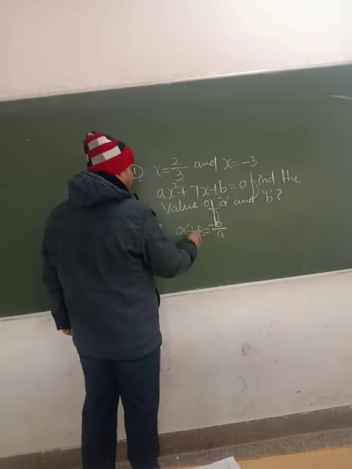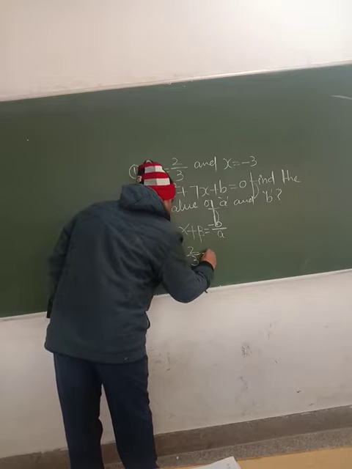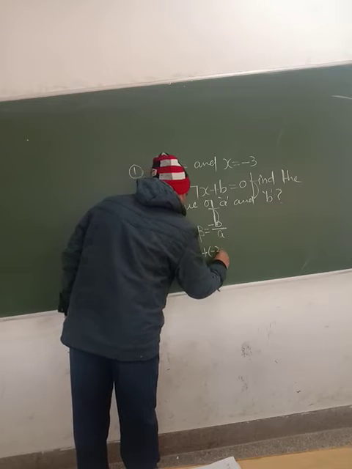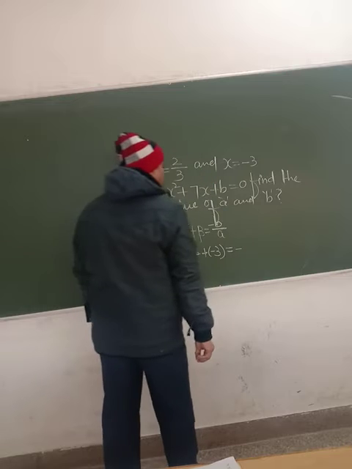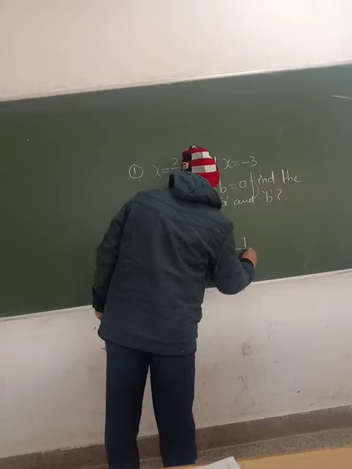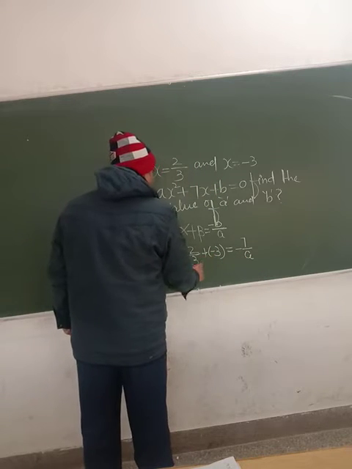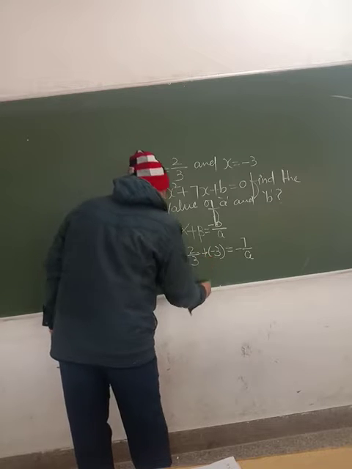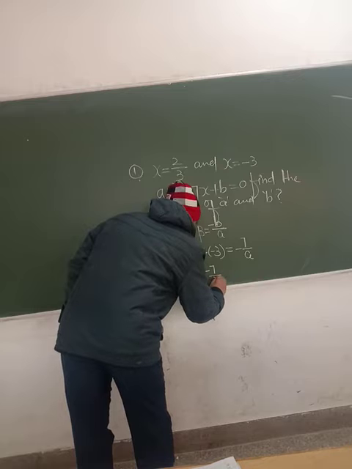So alpha plus beta, put the values: 2 upon 3 plus minus 3 equal to minus 7 upon a. Simplifying 2 minus 9 upon 3, you will get minus 7 upon 3.